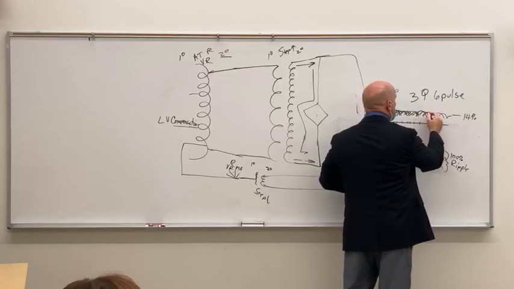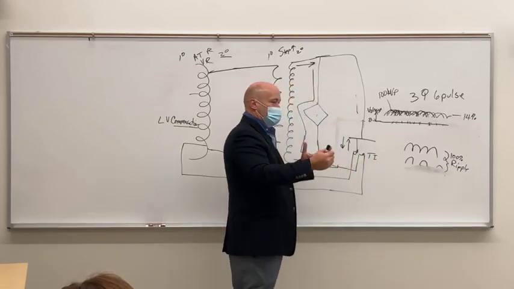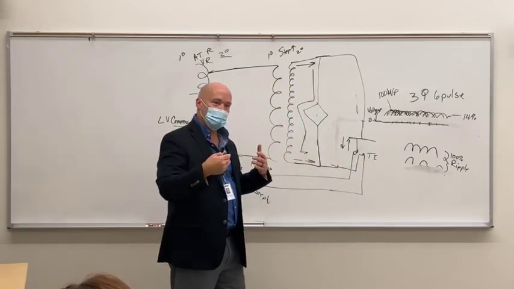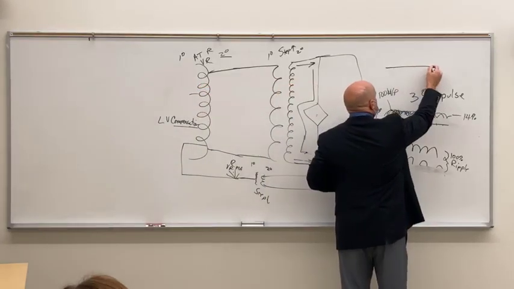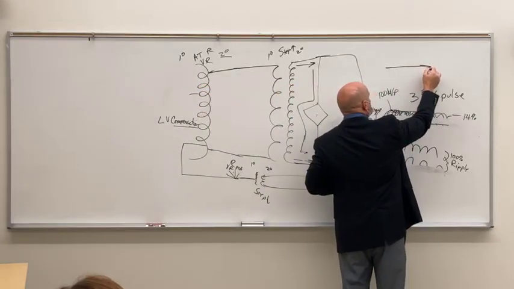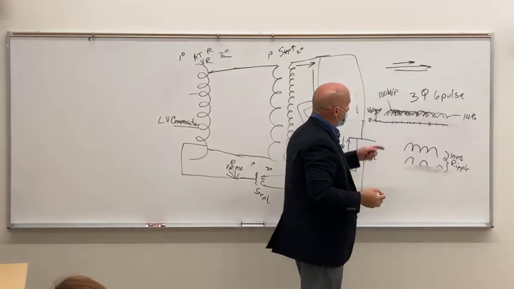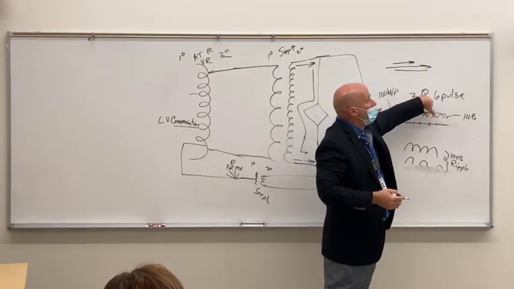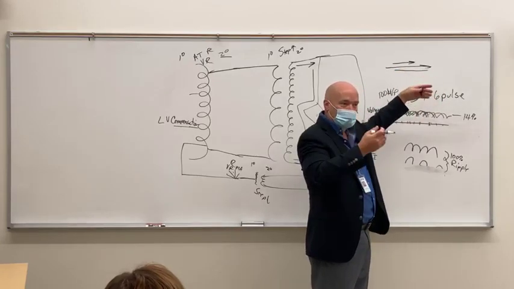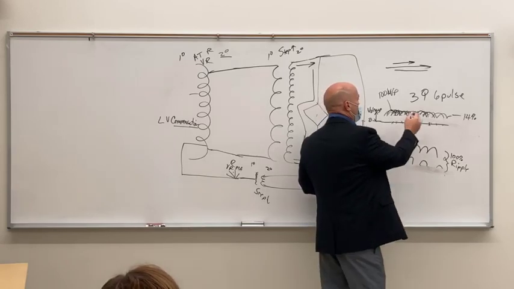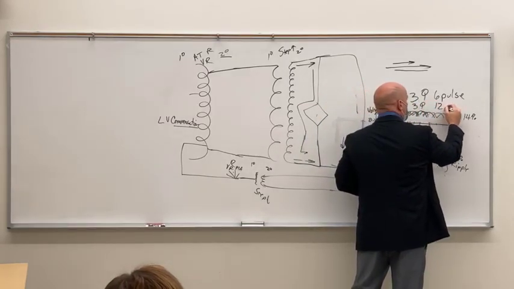So if we sent 3-phase 6-pulse into a system that would bounce the voltage off of itself, so that it's going in one direction and it knocks it back, we get 2 pulses that are out of phase with each other. So we got 2 pulses of 3-phase that are out of phase with itself, so that we get 3-phase 12-pulse.